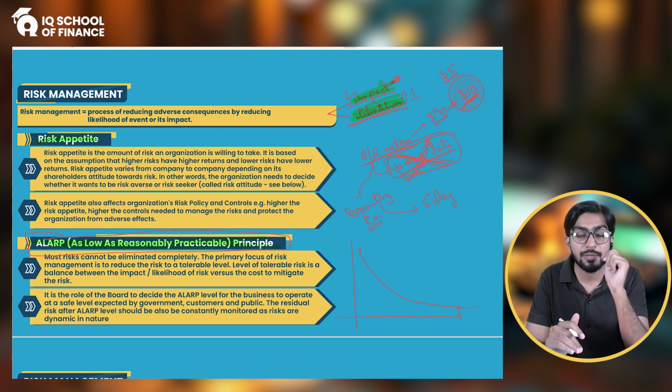Let me give you an example in continuation of what we just talked about: when you are going from one place to another in a car, a motorcycle or a bicycle, there is a chance that you might face an accident. So you should apply the ALARP principle and reduce your risk to as low a level as possible. All right. But you all know that still there would be the risk, there would be the chances of accident.